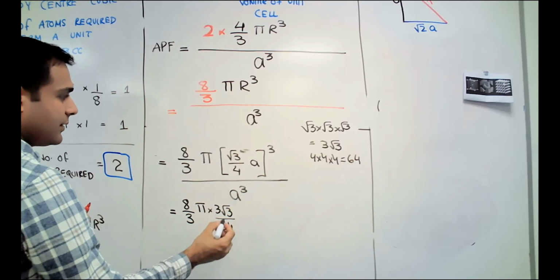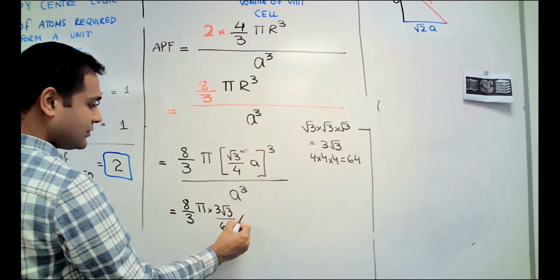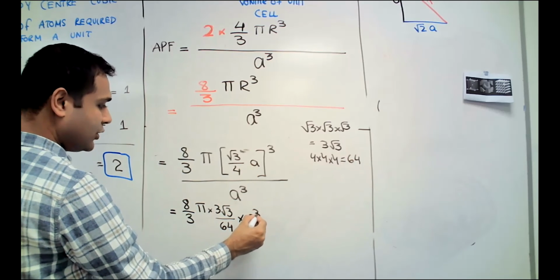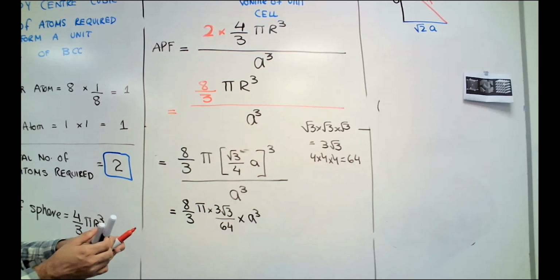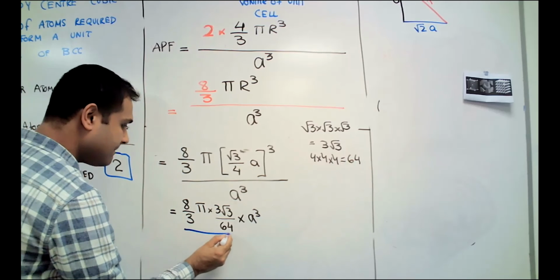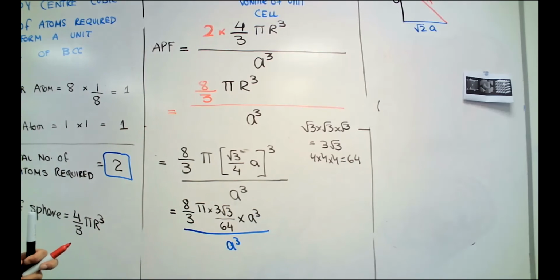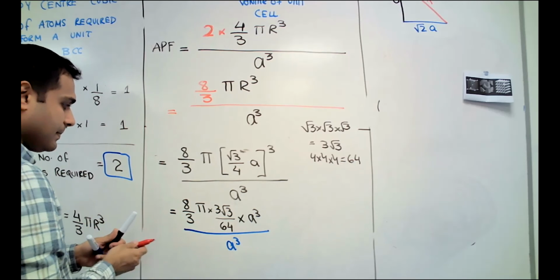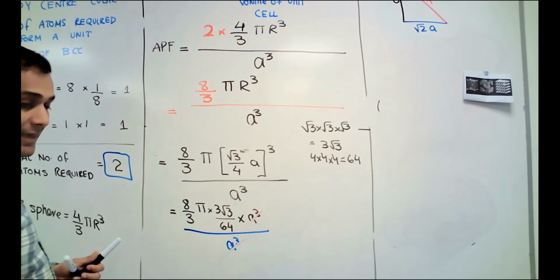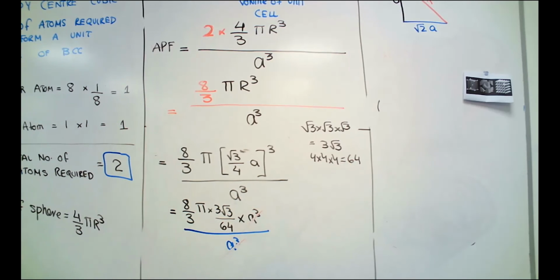Okay. Then I got this a, which is going to be the a cubed divided by this a cubed there. So now I can do some cancellations. This a cubed and this a cubed cancel out.